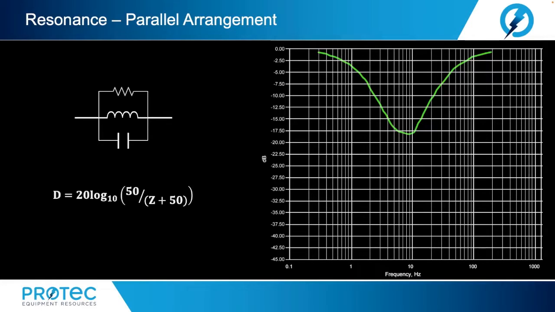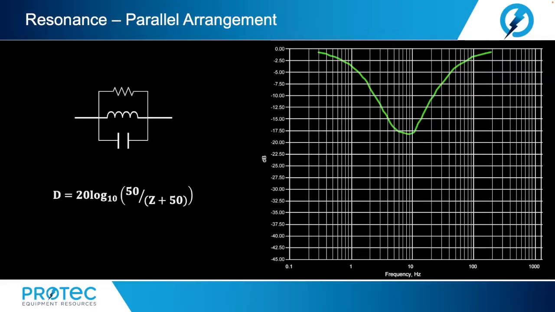Plotting D for the parallel impedance yields the graph shown. At low and high frequencies, the impedance approaches the value of the resistance, which in this case is 335 ohms. We could calculate the decibels the resistance alone would yield at approximately minus 17.5 dB, as shown in the graph.